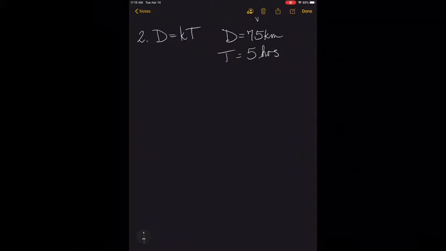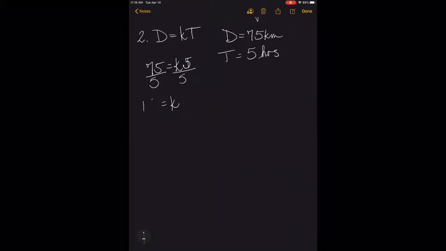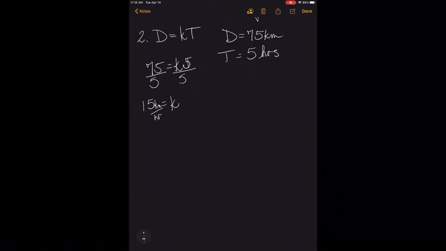First thing we have to do is find our constant, which is actually the rate. We'll do it by saying 75 equals K times 5. Divide both sides by 5. And we find that this car is traveling very slowly, 15 kilometers per hour. I was thinking miles per hour.